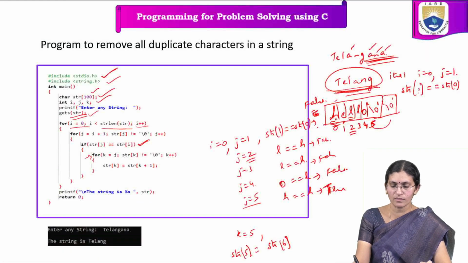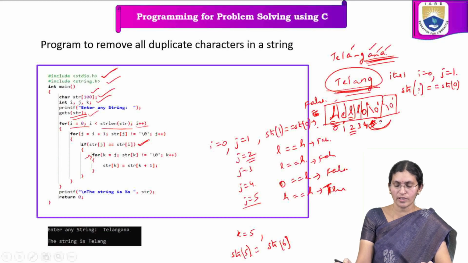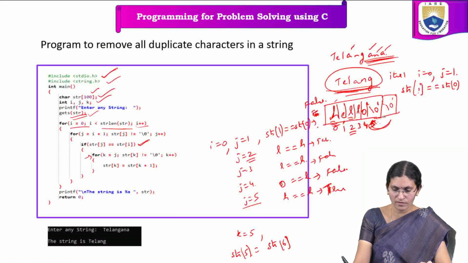Whichever character is repeated here, that character is replaced with the next character in the string. Here the next character is the null character only, so that character is replaced here. Str of 5 is equal to null now. After that, the k value is incremented by 1.